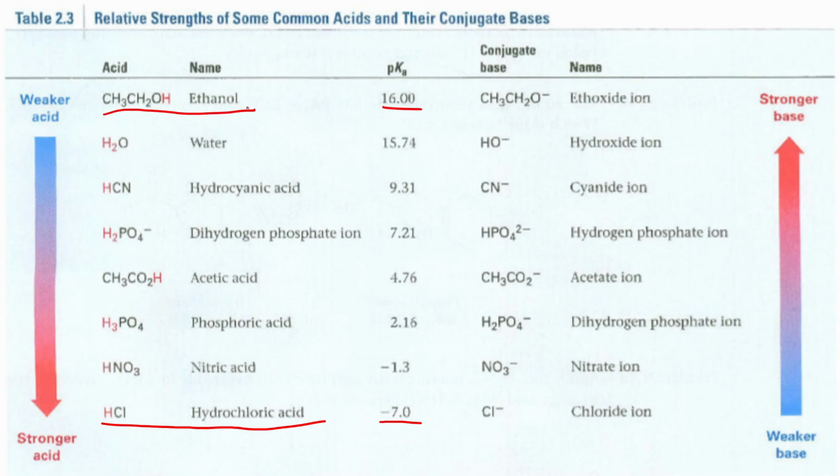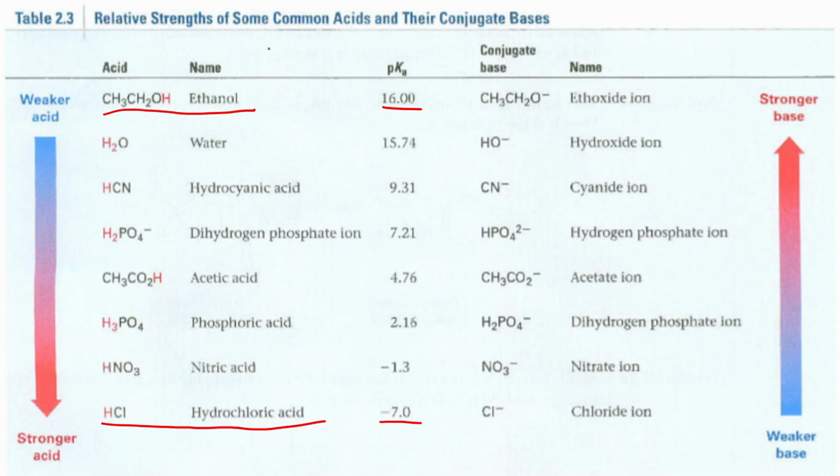Ethanol can give off a hydrogen proton, so it can also act as an acid. It has a very weak acidity, and hence a large pKa of 16. Water has a pKa of 15.74. Although water is relatively neutral, when acting as an acid, the pKa is 15.74.